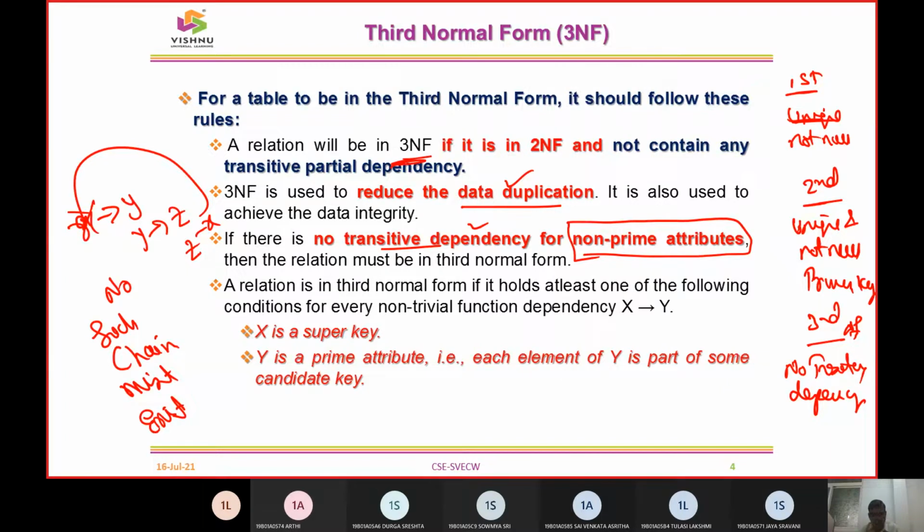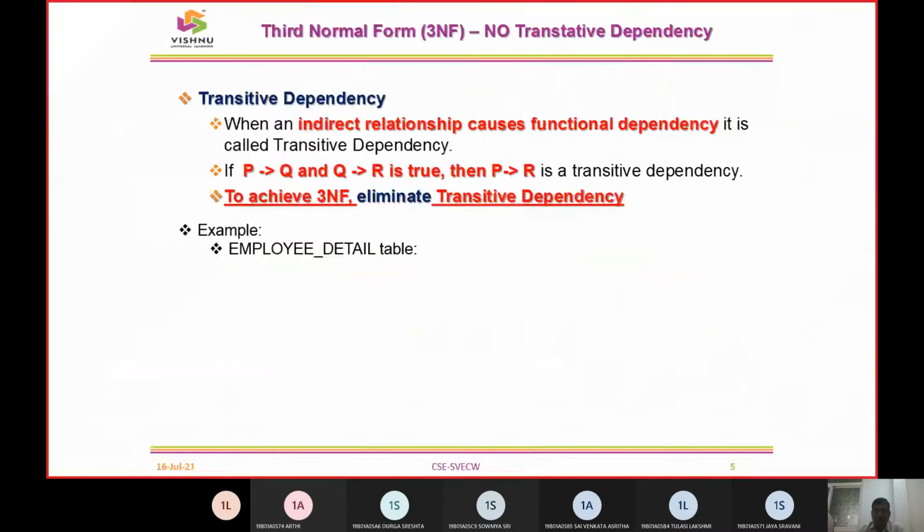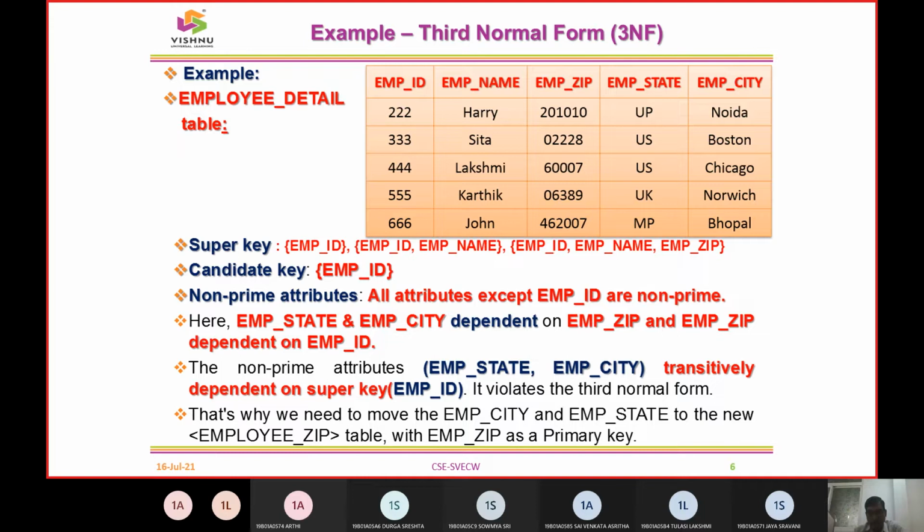So in this, the first point was how we can eliminate the transitivity dependency, so that all non-prime items purely depend on the prime item.